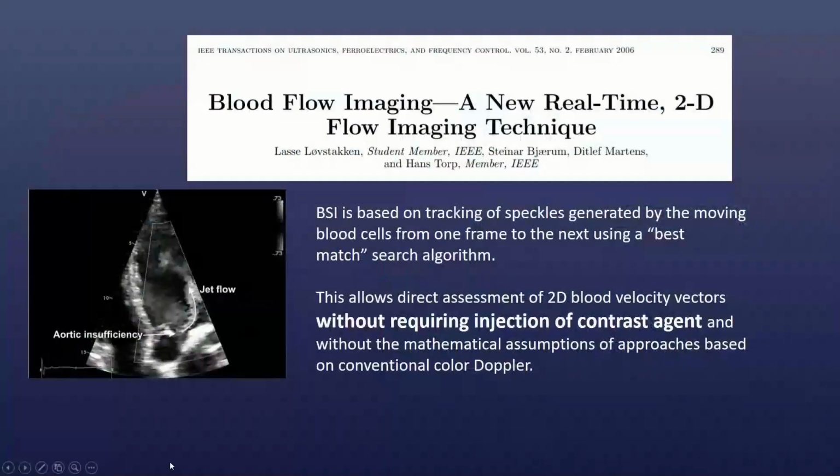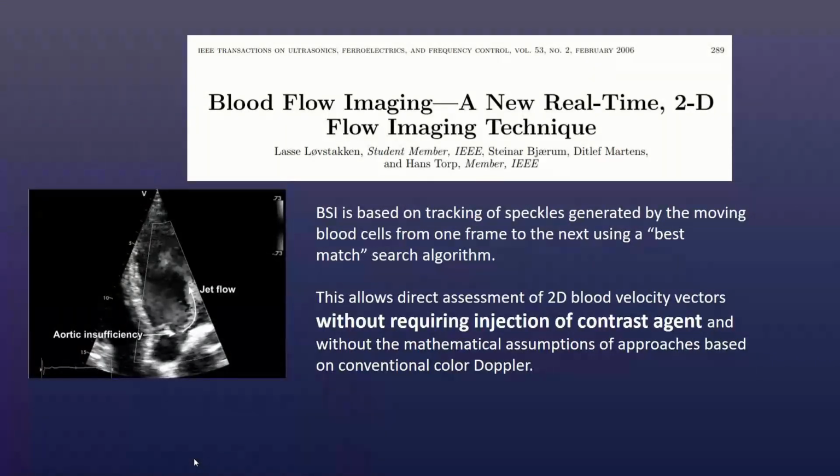Nowadays, there are several techniques trying to better understand blood flow imaging. Some of them need the use of contrast agents. Some others rely on assumptions from color Doppler. But there is another option that has been recently proposed called blood speckle imaging. This approach is based on tracking speckles generated by moving blood cells from one frame to the next one using the best match search algorithm.